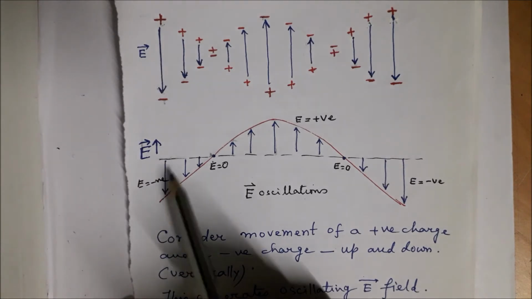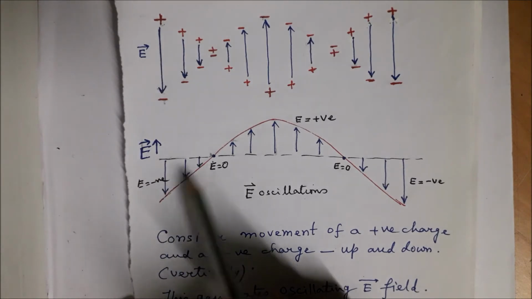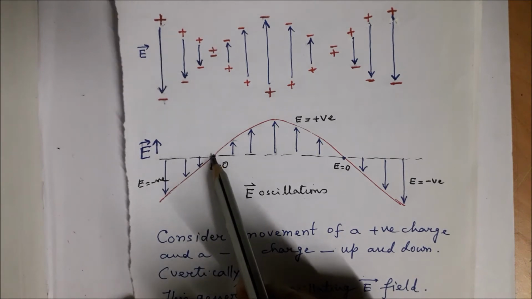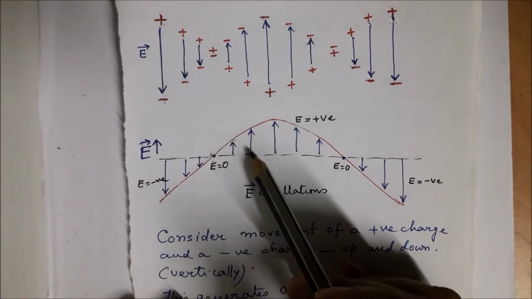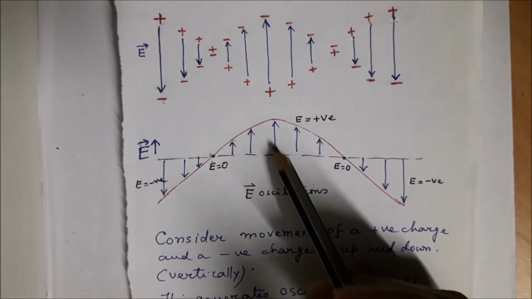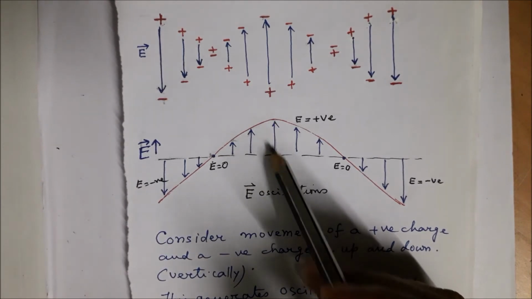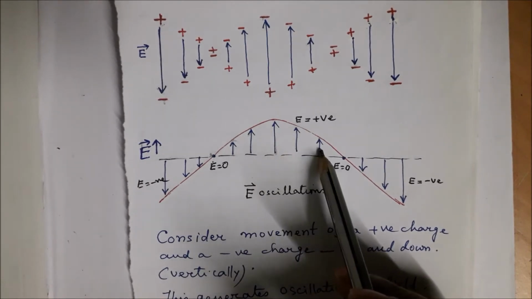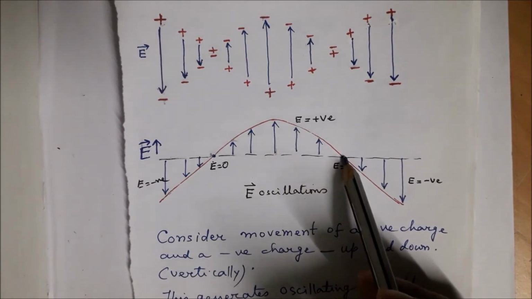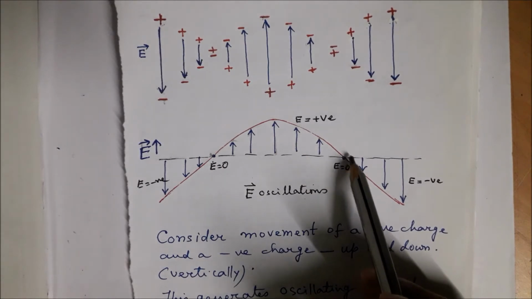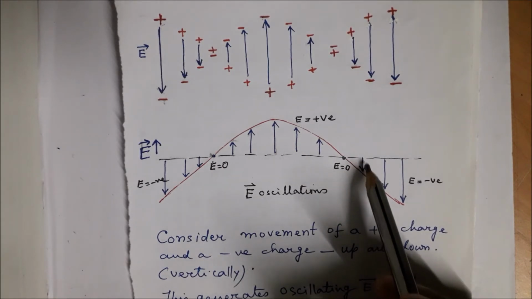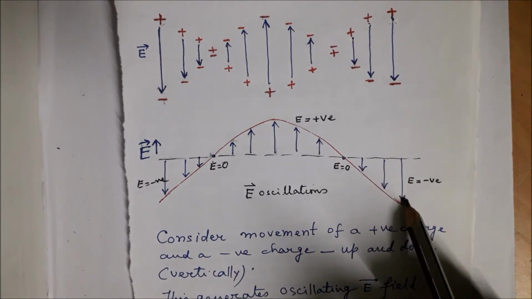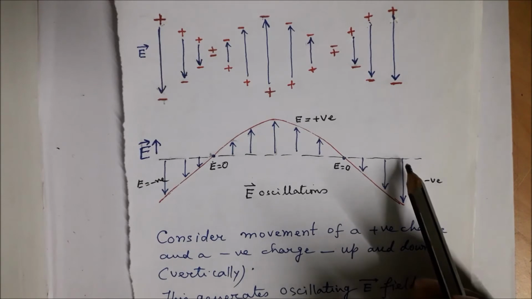Here E is negative, it decreases from a maximum in the negative direction, and at this point E is 0, and then the E field lines will increase. It reaches a maximum, it is positive in this region, and then again it decreases but positive. At this point it becomes 0, and then it becomes negative in this portion, and here it is maximum negative, and the process repeats or continues.